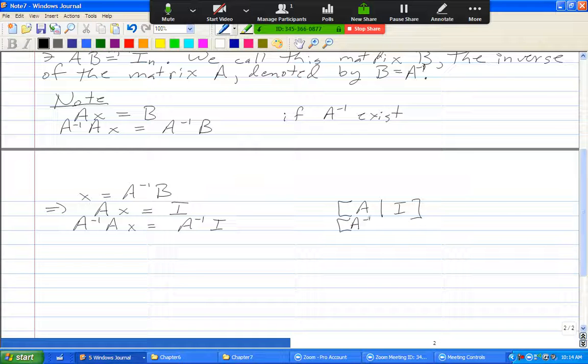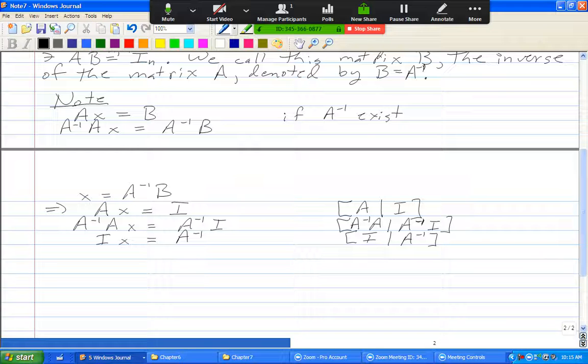So meaning you perform a whole bunch of row operations so that now you have transformed this A into the identity. And then what you get on the other side is the inverse. And that is the strategy. You just perform all of these row operations until you get that.